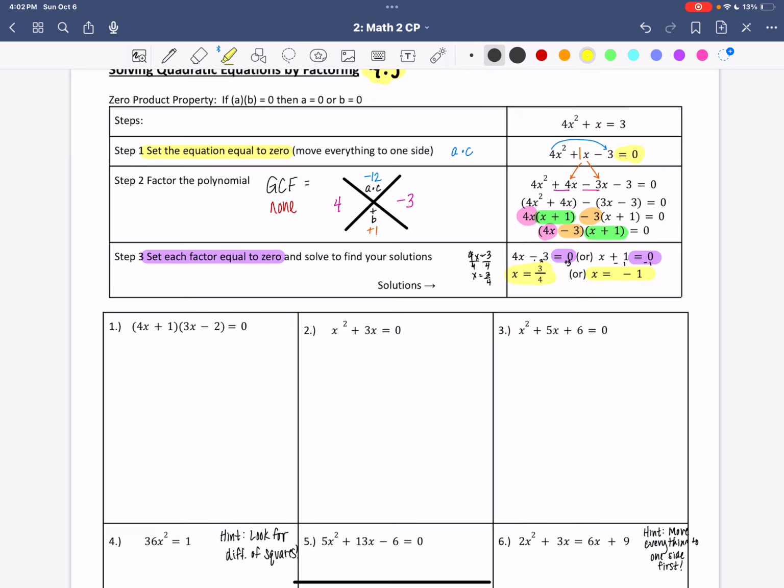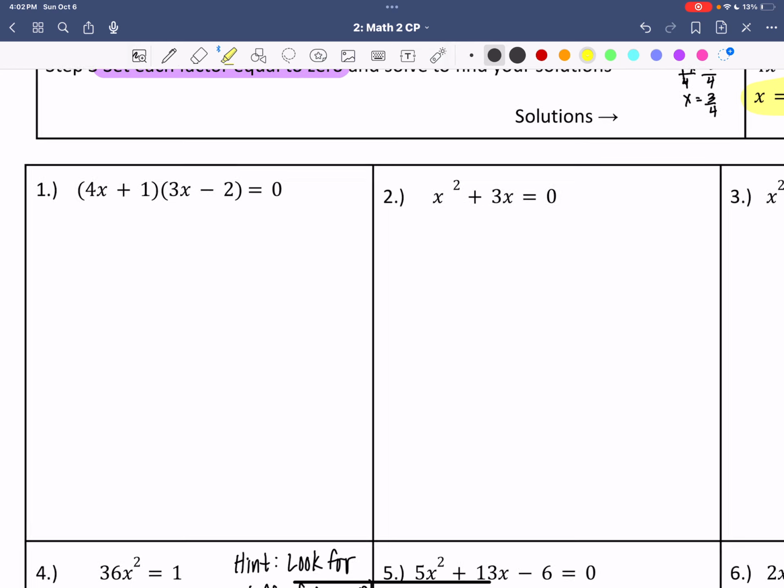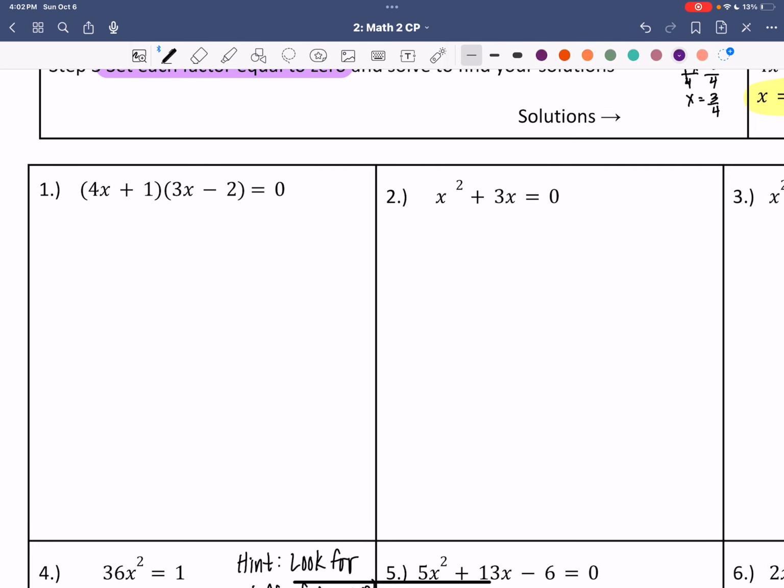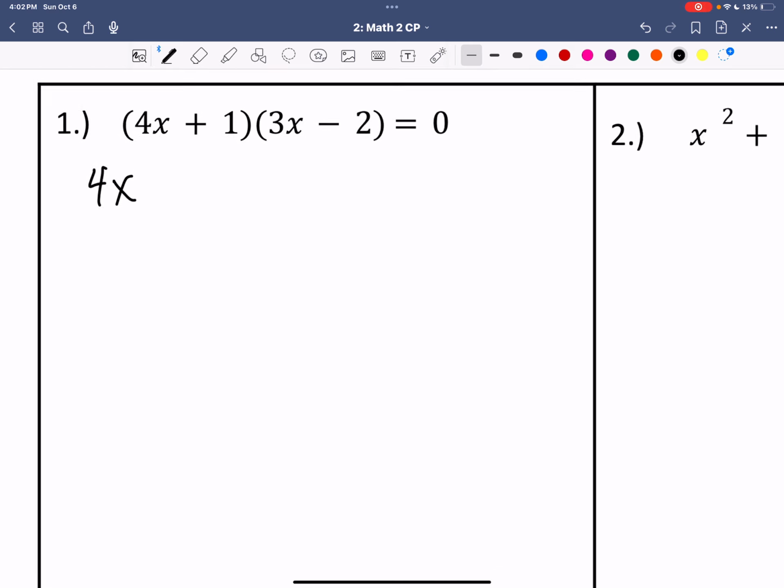So let's go ahead. First one's pretty straightforward. It's already factored for you. So you've just got to go ahead and go 4x plus 1 equals 0, and 3x minus 2 equals 0.